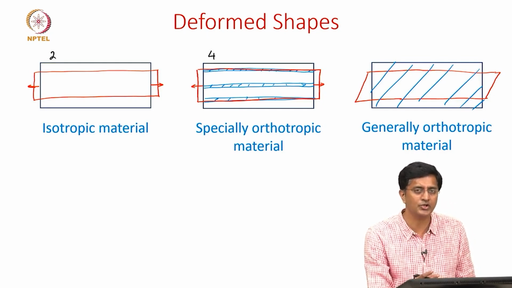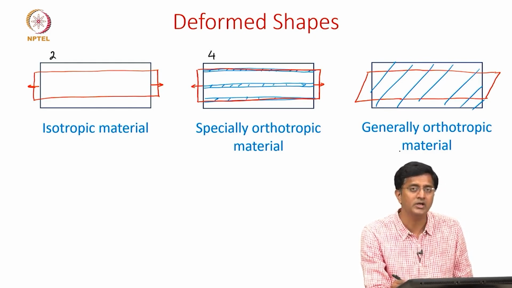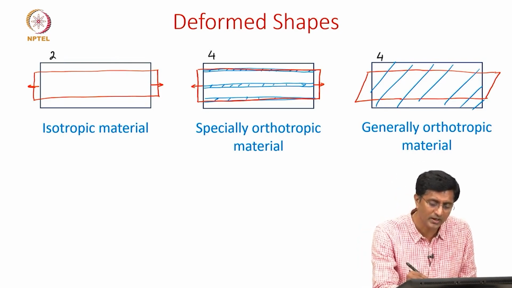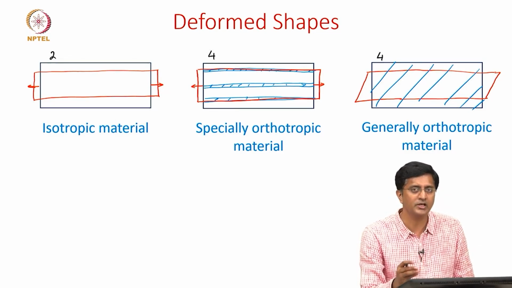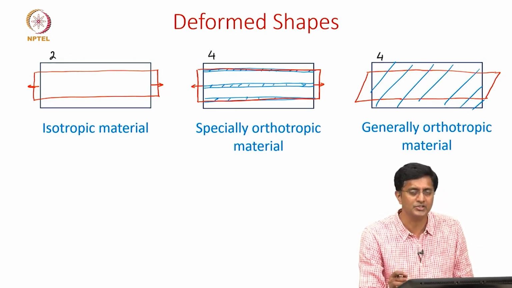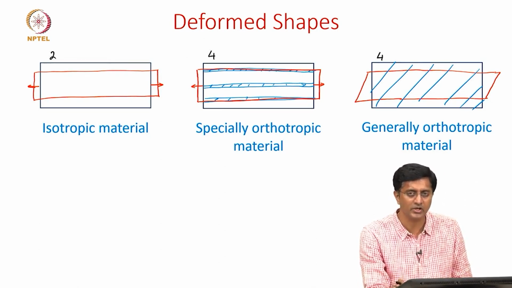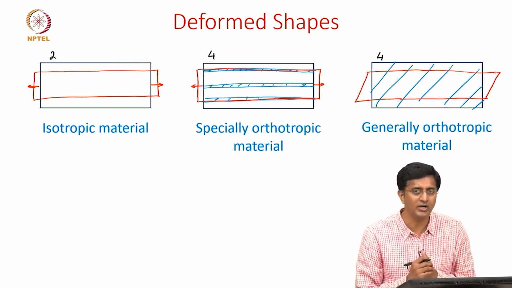E1, E2, the Poisson ratio, and the shear modulus. For the generally orthotropic material as well, things won't change. You will still have the four independent elastic constants, which are again E1, E2, the Poisson ratio and G12, the shear modulus. The reason I'm giving you this summary is that, with this information, let's think how a laminate will deform under uniaxial loads.